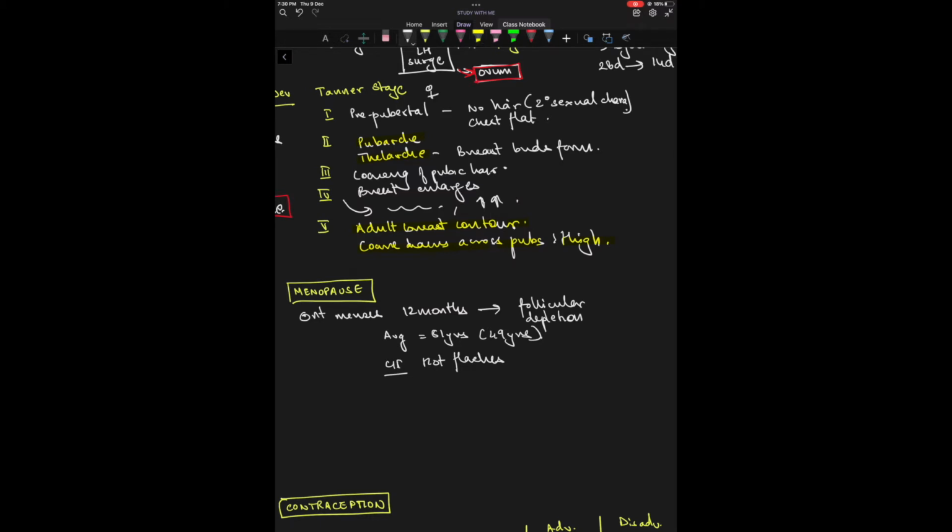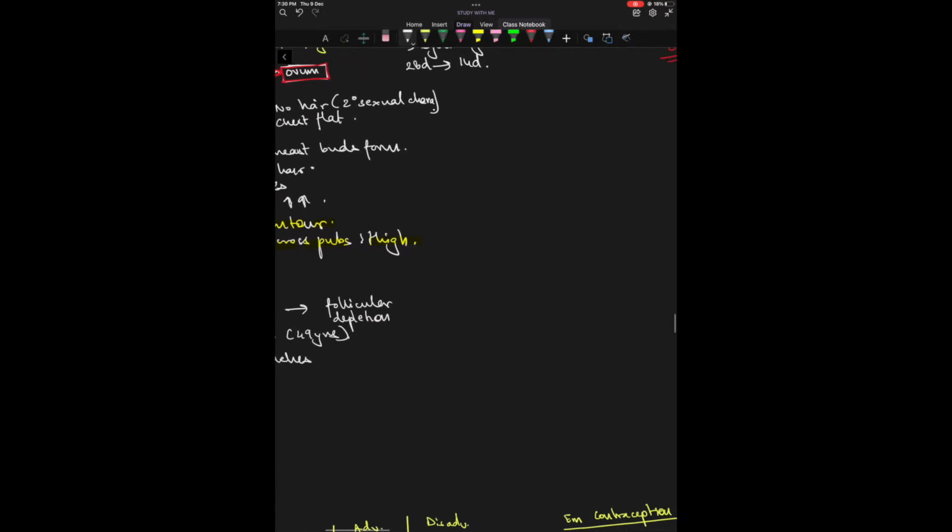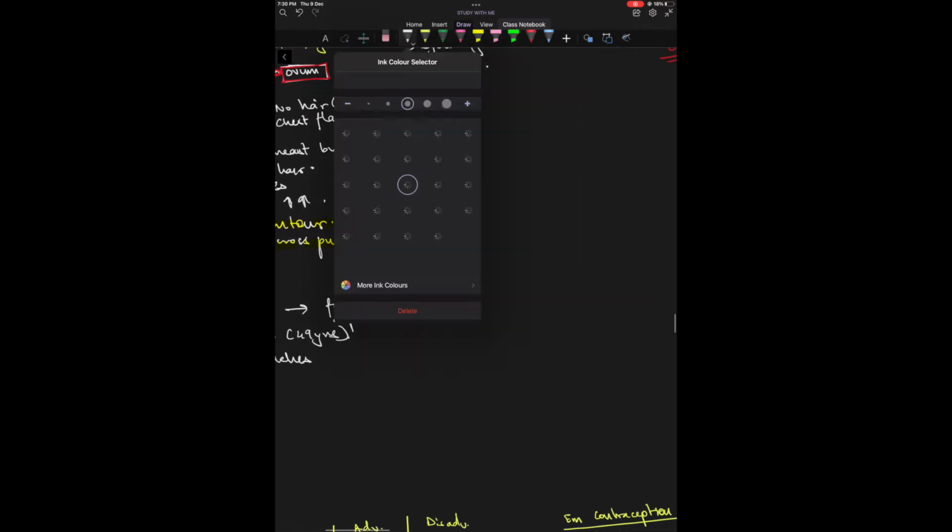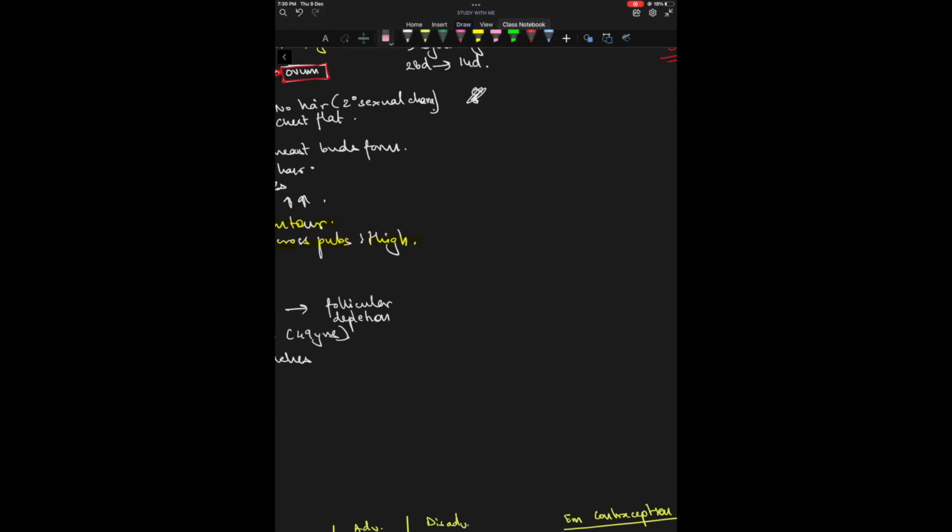Normal male development, I'm sorry, my dog is also barking. In normal male development, there is first testicular enlargement, then penile growth, which is followed by pubarche, and then facial hair.